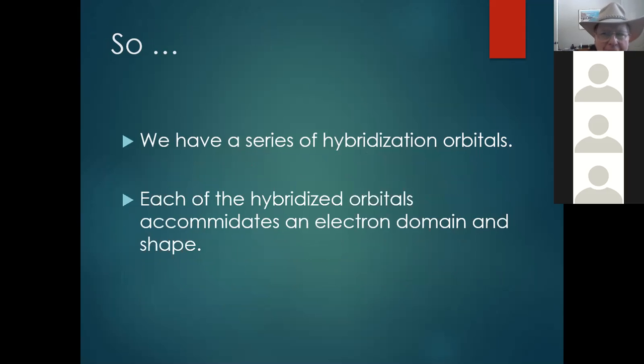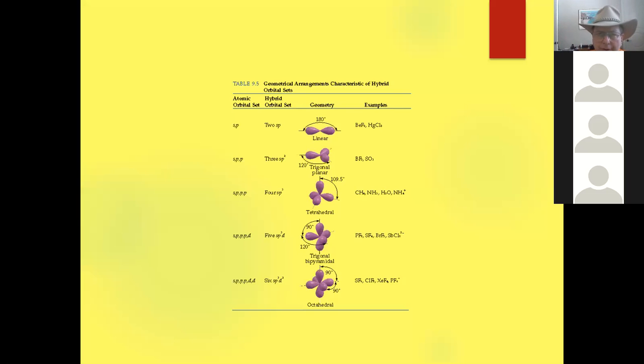I know this kind of sounds esoteric, but bottom line is this is simple, guys. It really is. If I need to accommodate 2 electron clouds, my hybrid orbital is going to be 2 sp hybrid orbitals with 2 p's left over.